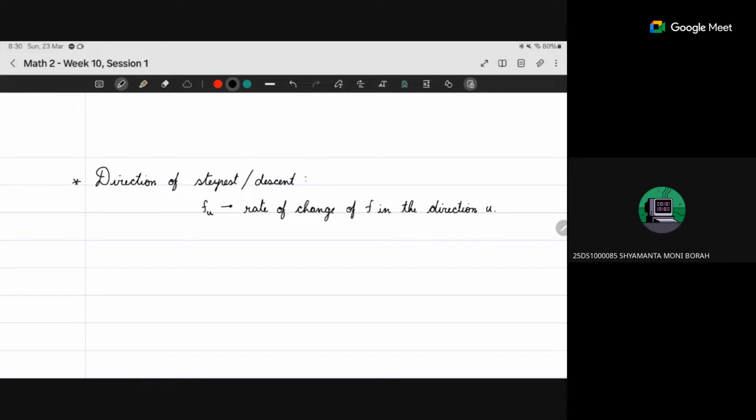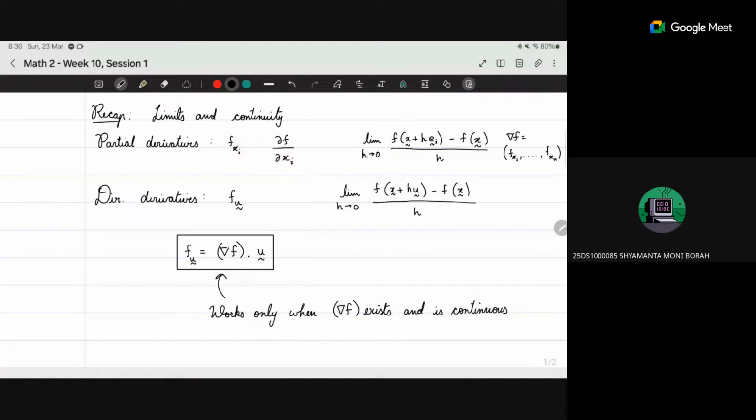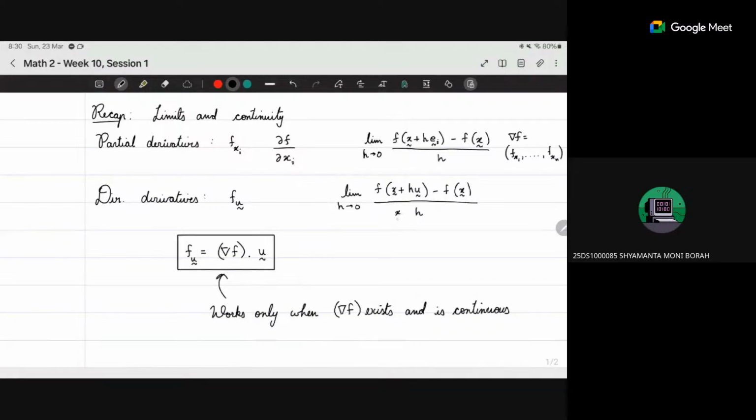Even if you go back to the first principles definition, you'll see that I take the ratio of the change in f in the direction of u divided by the change in input, x̃.